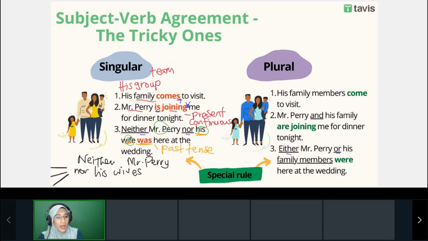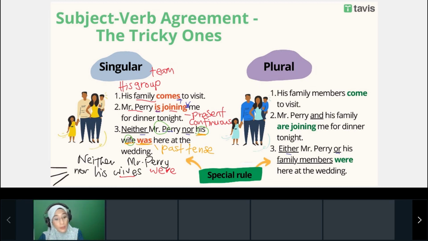Okay, nor his wives. What if we have wives? This is plural. Okay, can you see? This is plural already, more than one, right? Wives. Therefore, it has to be were. Okay, this is actually past tense of the root word are.